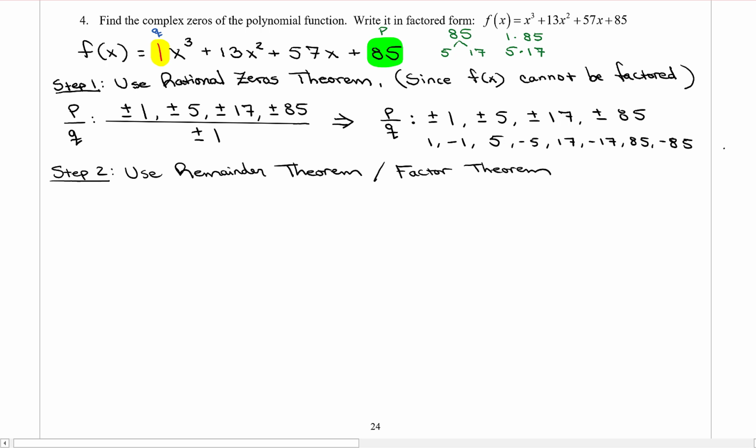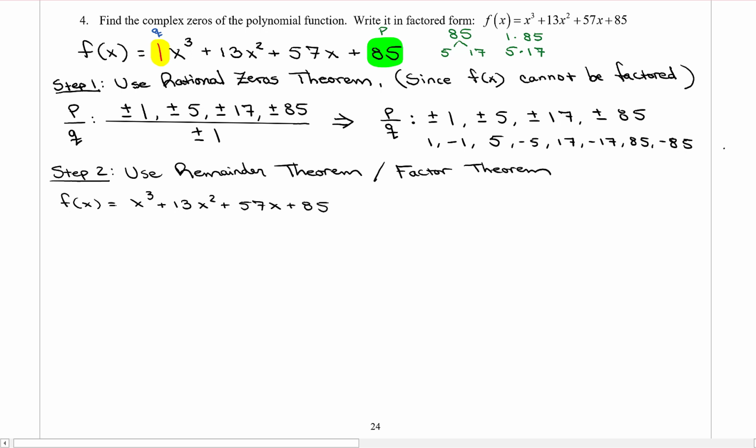The remainder theorem says that if I substitute a value in place of x, the y value that comes out is the remainder if I had divided by that factor, like in this case x minus 1. That's the x minus c factor, and that's how it's associated. It's giving me the remainder.